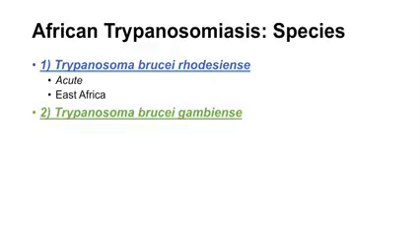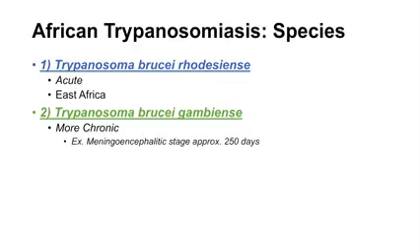The second species that causes African trypanosomiasis is Trypanosoma brucei gambiense. And this species causes a more chronic condition. So as opposed to brucei rhodesiense, which causes an acute and rapid illness, brucei gambiense causes a more chronic and slowly progressing illness.